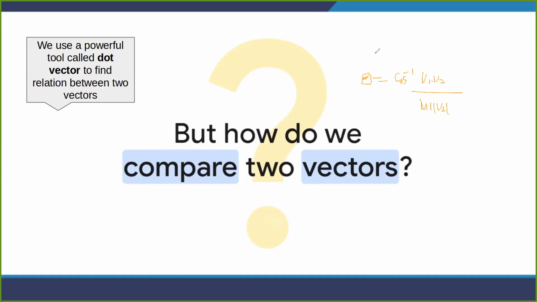This gives us theta. Basically, what is the angle between those two vectors? This is vector one, this is vector two, and theta is the angle between them, which we get by this formula.